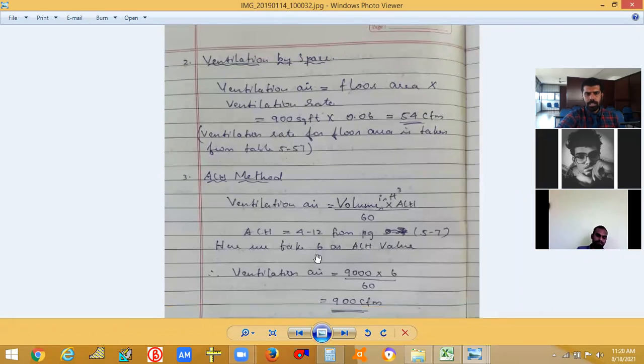The next method is ACH method. The same formula you can use, and you can choose ACH as 6 here because it is a ventilation method and it is an ACH method. You can choose 6 as the value.